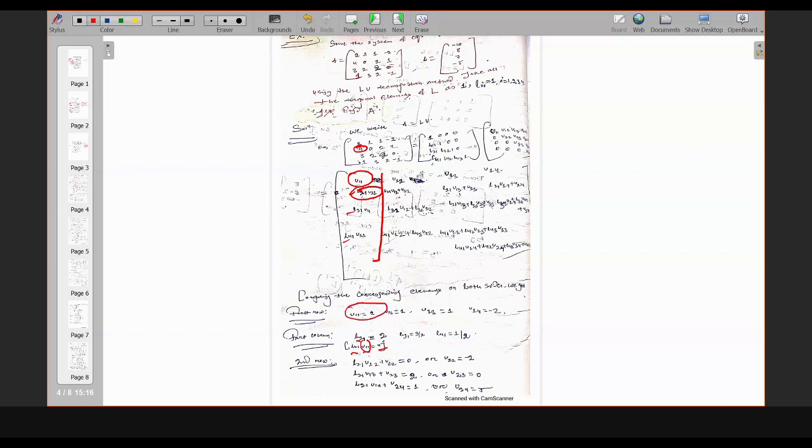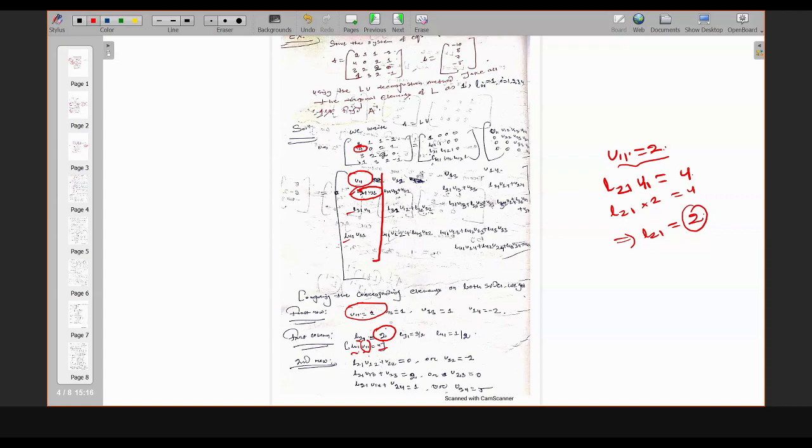Substituting, L21 times 2 equals 4. This implies L21 is equal to 2.